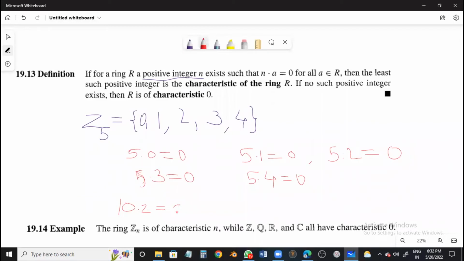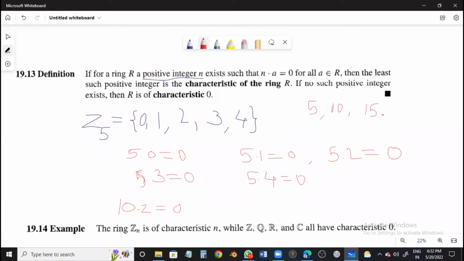Yes, 10 twos are 20, means 0, because if I divide by 5, the remainder will be 0. 10 threes are 0, and 10 fours are also 0. So what are the numbers? Yes, very good. What are the positive integers by which if I multiply every element, the answer is 0? I get them to be 5, 10, 15, all multiples of 5.